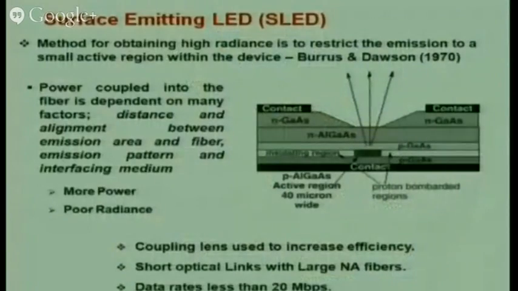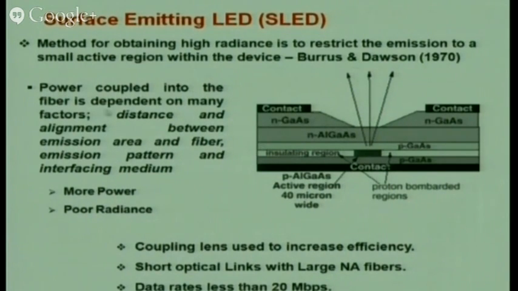So I can push that fiber right on the top of the surface. The basic idea is to get high radiance and minimum bandwidth, the minimum wavelength output, by restricting the emission to a small active region within the device. And Burrus in 1970 fabricated this device.